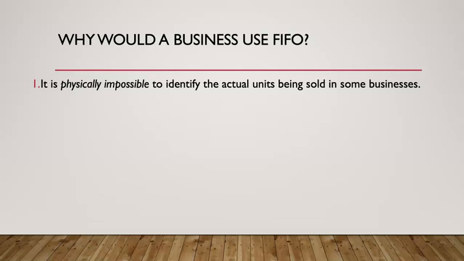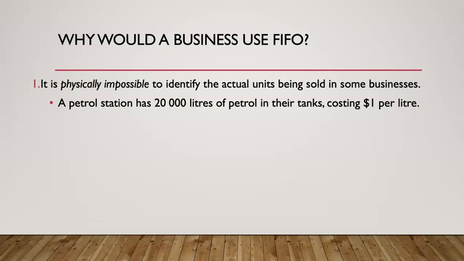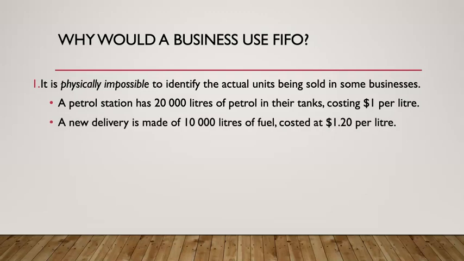So why would a business use FIFO when it just seems more accurate to use identified cost? Firstly, it might be actually physically impossible to identify the actual units being sold. And you're going, what? Of course you can. You always know what's being sold, but there are some valid examples. Let's say a petrol station has 20,000 litres of petrol in their tanks, and it cost them $1 a litre. They then got a new delivery of 10,000 litres of fuel that cost them $1.20. Clearly the $1 petrol is older.